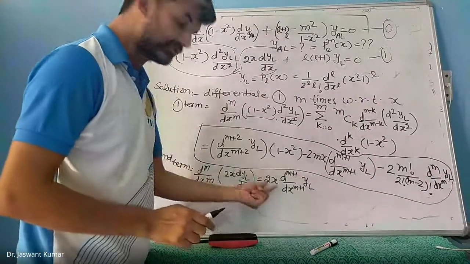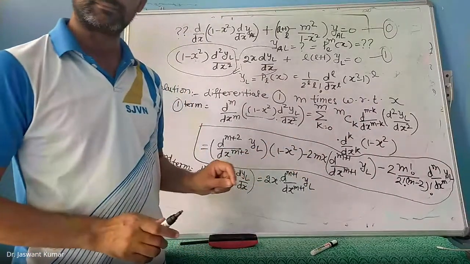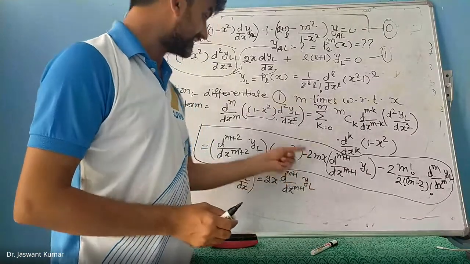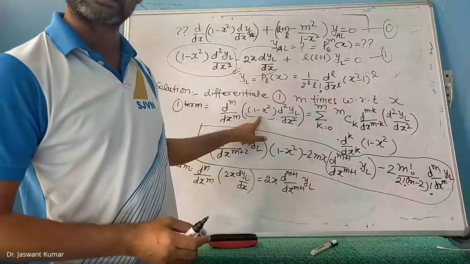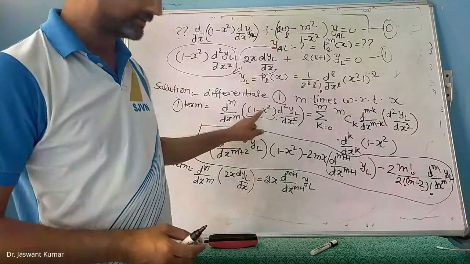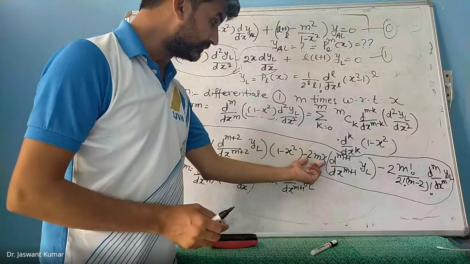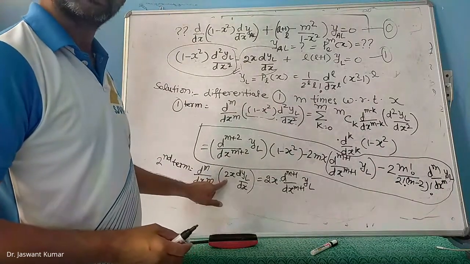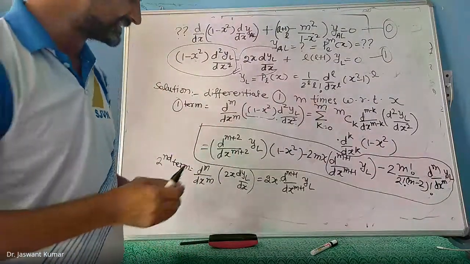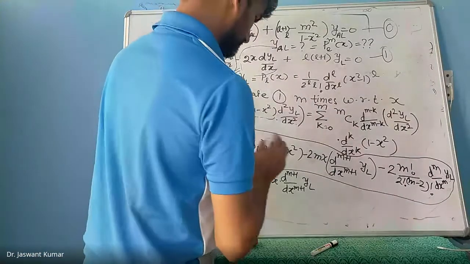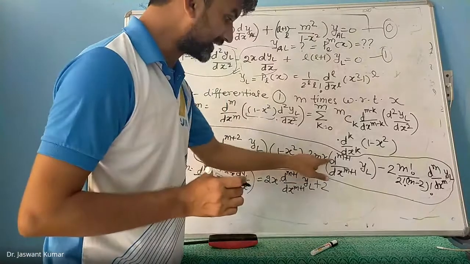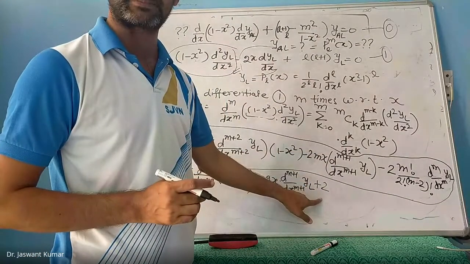Okay, so this is okay. Now we go to the second term. So in second term, we know that we have obtained this minus 2x by taking the first derivative of this 1 minus x square. So the equivalent to minus 2x here will be the first derivative of 2x, which is equal to 2. So this is plus 2. तो माइनस 2x की जगह यहाँ पे बच्चे 2 आ जाएगा आपका.